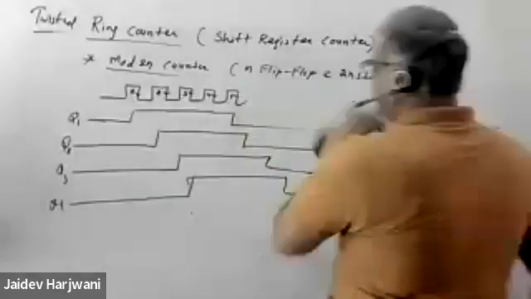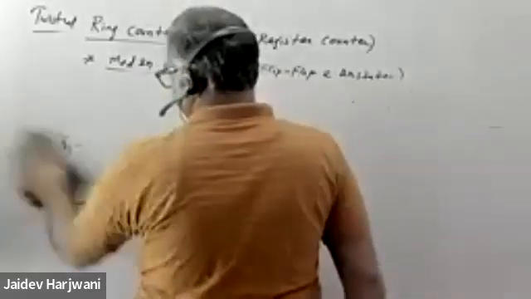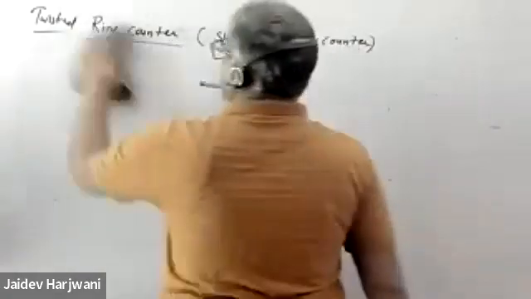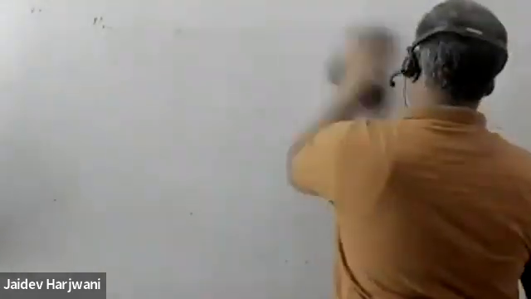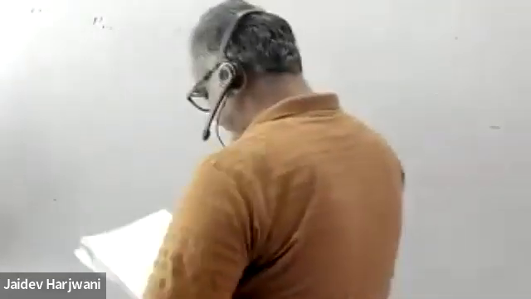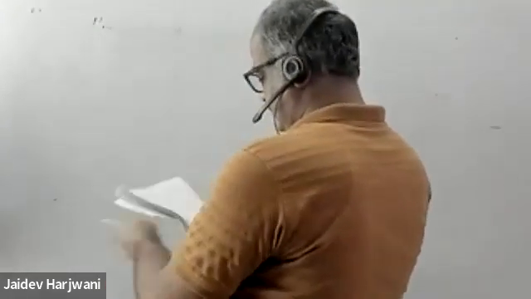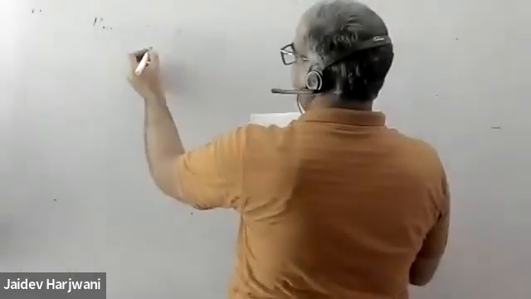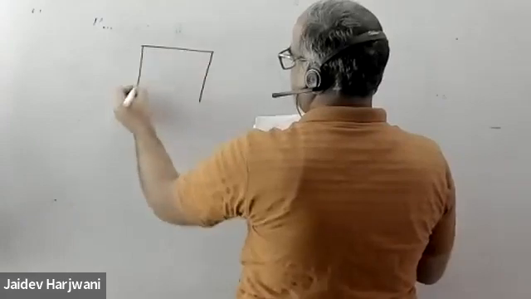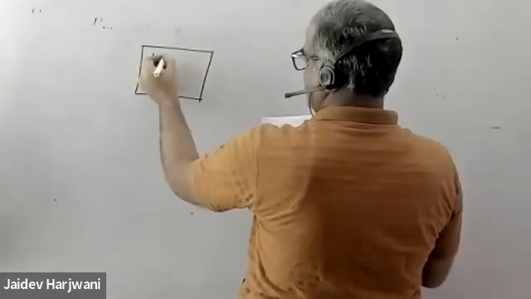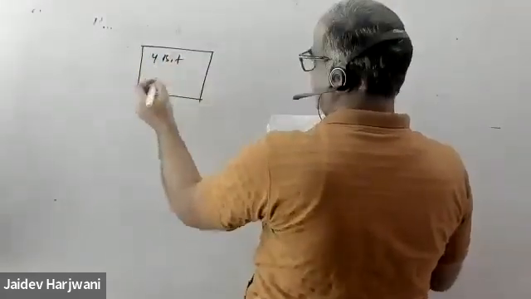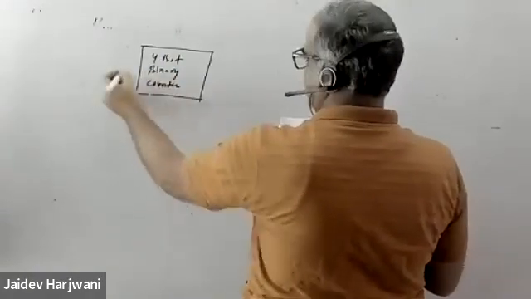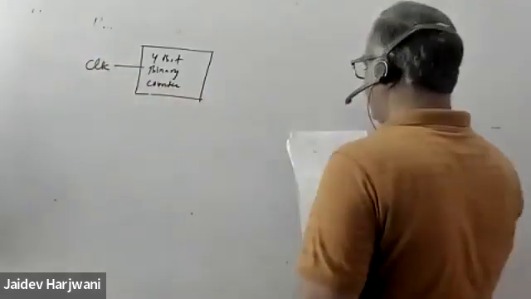Then we'll do conversion, D to A converter. Now we have a 4-bit binary counter, which is clocked.